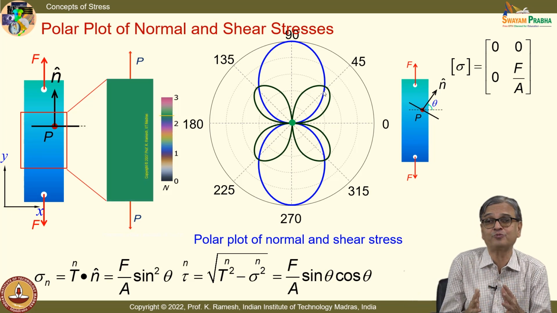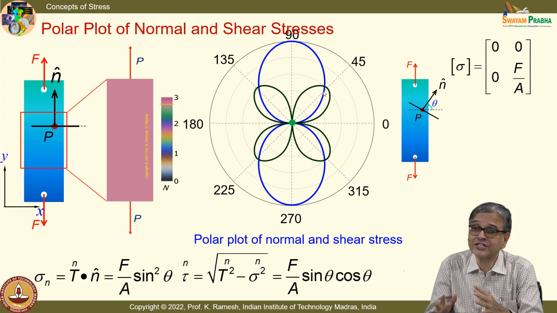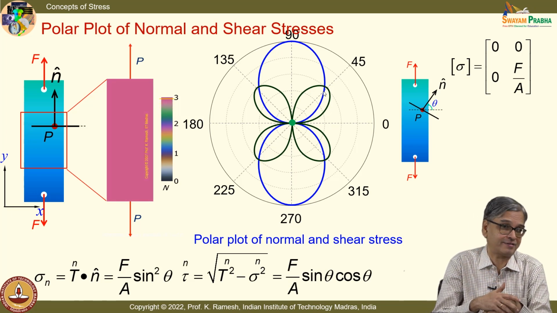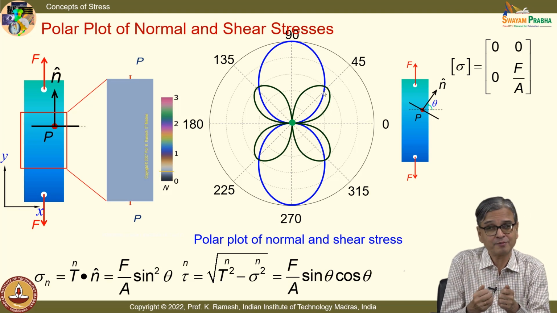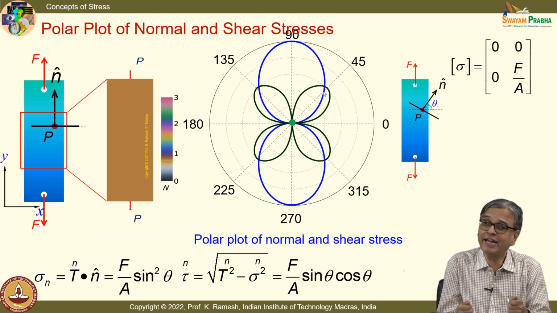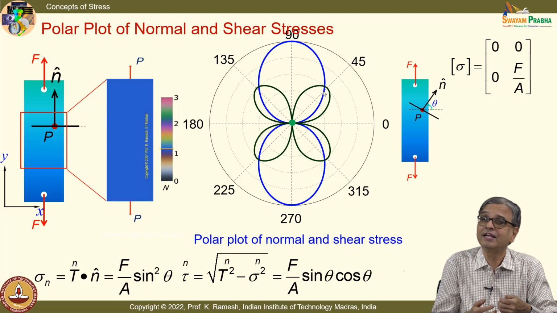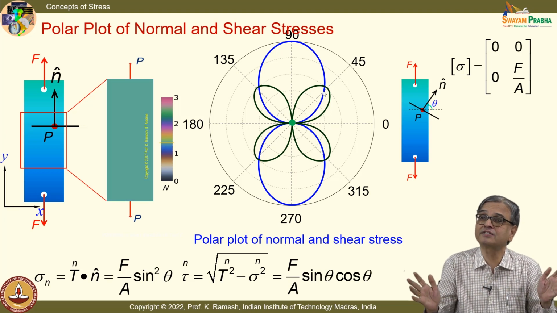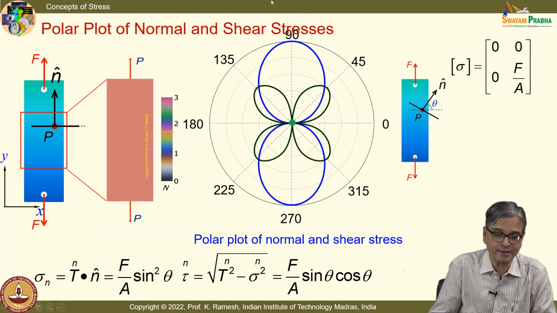You do not have a situation where I have only shear stress in any one of the planes. But what we find interesting is, because of the way that we have applied the load, you have two such planes where I have only normal stress, there is no shear stress at all. So, these two observations you can make out of this.